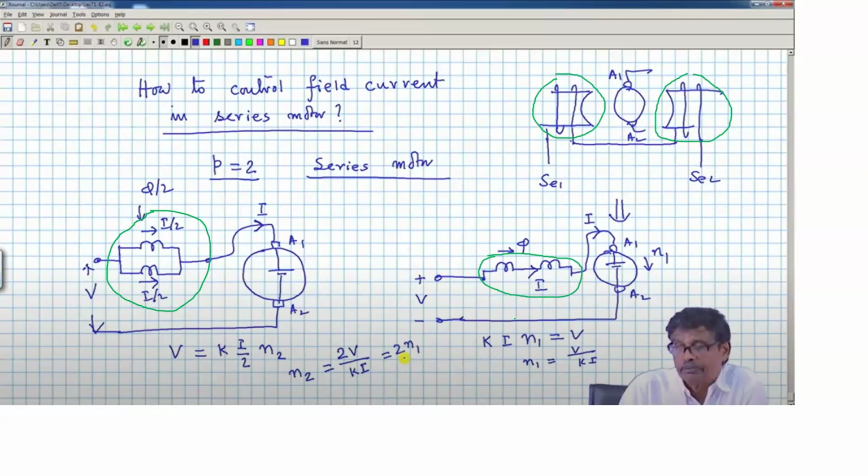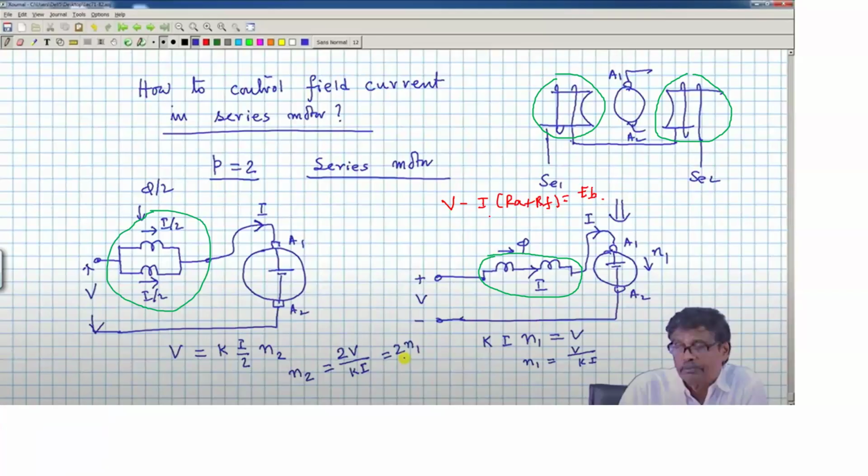So this is the expression, let me write. We know that V minus I (RA plus RF) is EB.